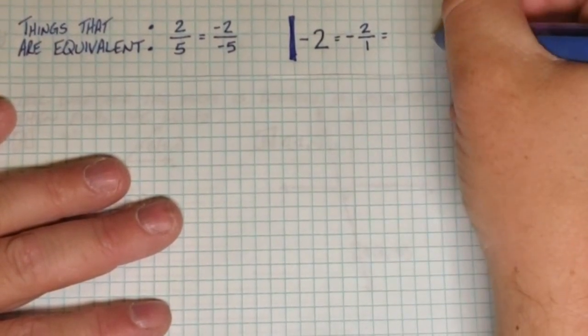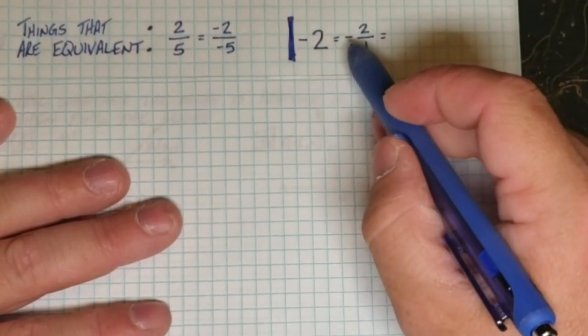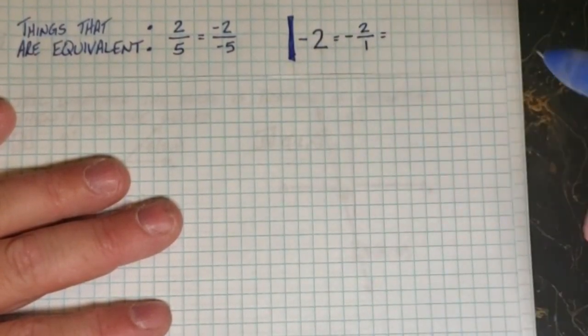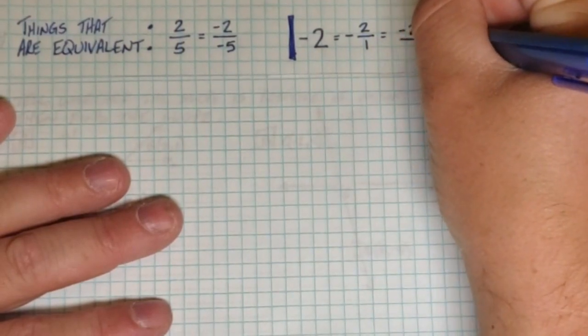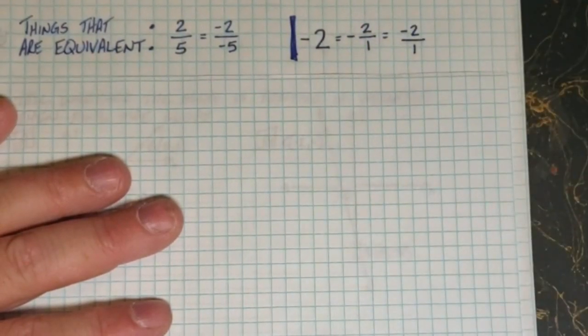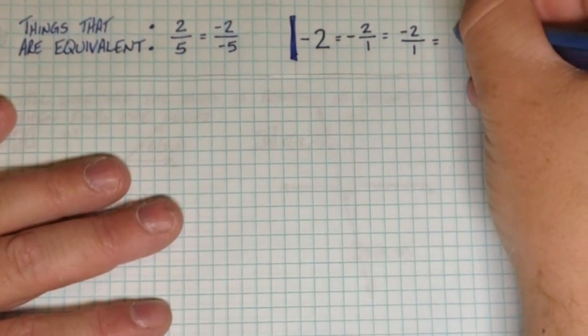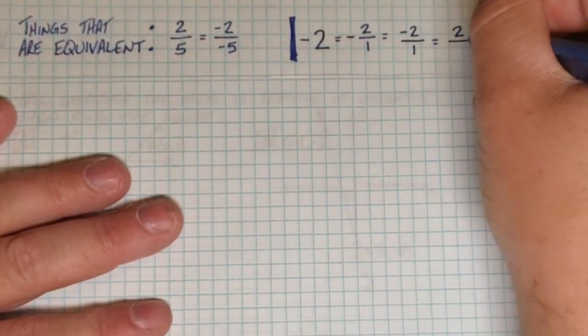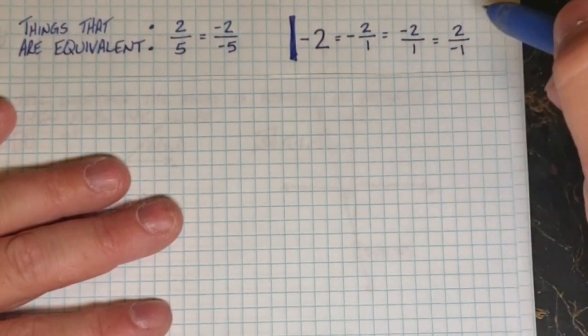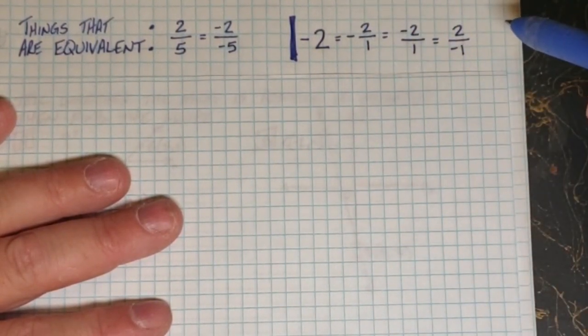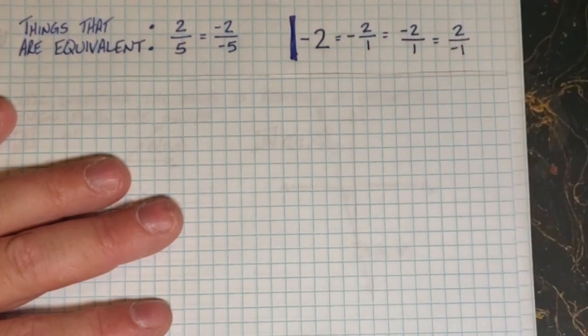So there are two ways I could rewrite -2 over 1. I could put the negative on top and do -2 divided by +1. Or I could put the negative on the bottom and do +2 divided by -1. All four of these things are equivalent. And that's some good stuff to remember as we move forward with slopes.